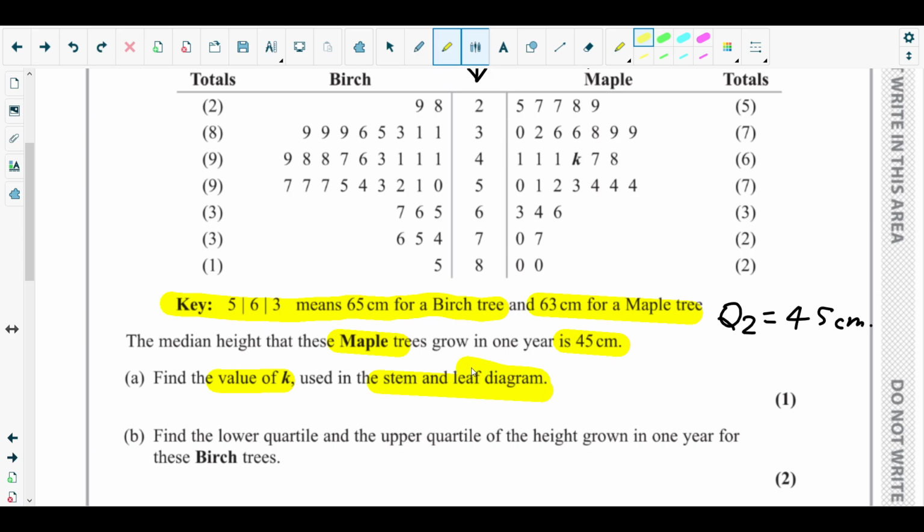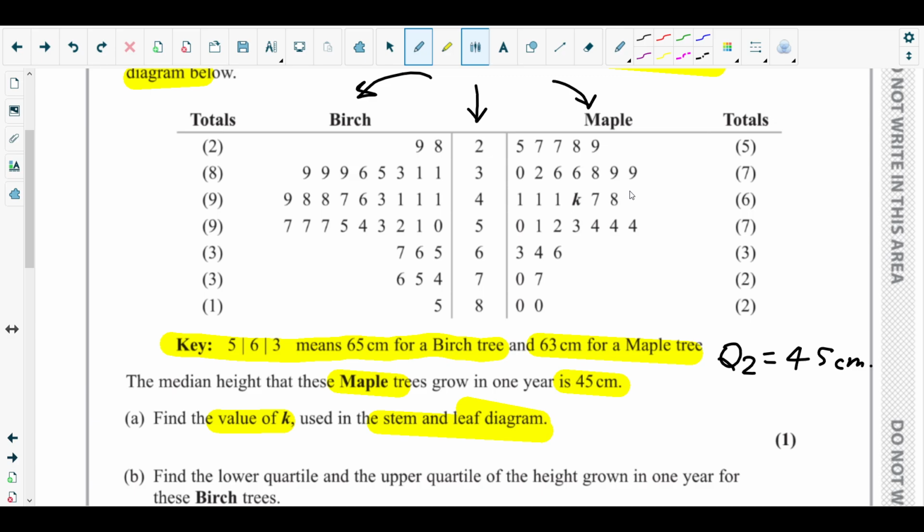Let's see what k is. Counting 5, 7, that is 12, and then 13, 14, 15, 16, k is the 16th term in the stem and leaf diagram.